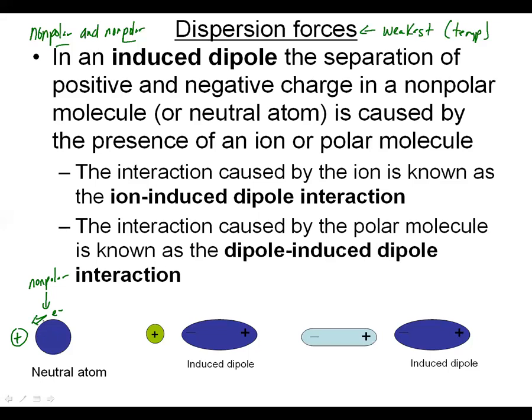Because they're negatively charged, they're attracted to the positive ion. So this atom that normally has no charge, no positive or negative side, will temporarily gain a positive and negative side. That's what is known as being induced dipole, because it normally doesn't have it, but just because of the presence of this ion, it temporarily has this positive and negative side. And at that moment, it temporarily gets a way to interact for a little bit.